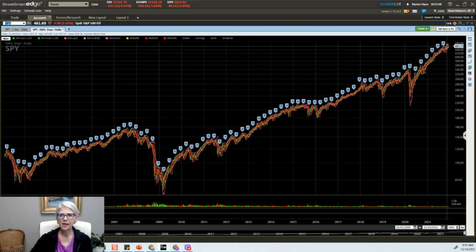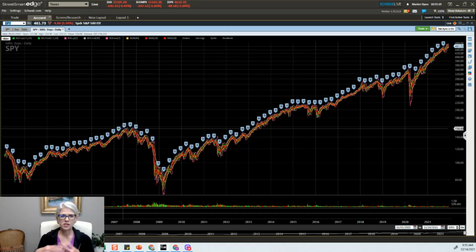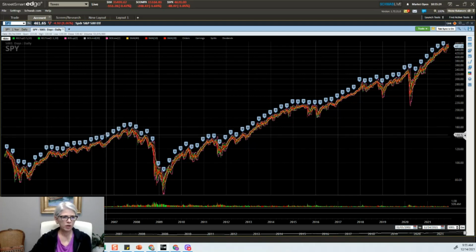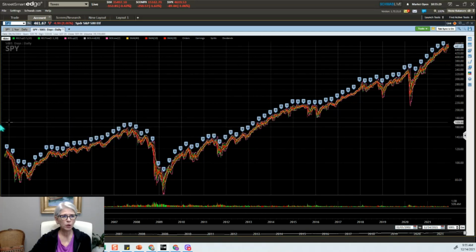Point number 3 is the time at which you enter the market has a huge effect on whether or not your investments will grow. The time frame that you enter the market, say for example, if you're investing from here to here, or if you retired back here in early 2000 when it was much higher than you can see on here, then for the next 10 years you would have had a negative overall return from stocks.